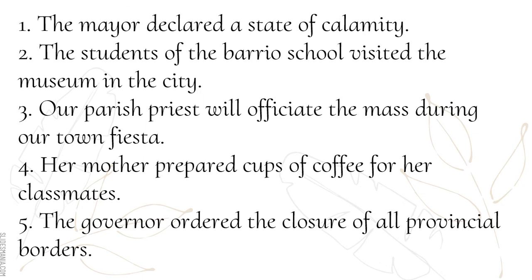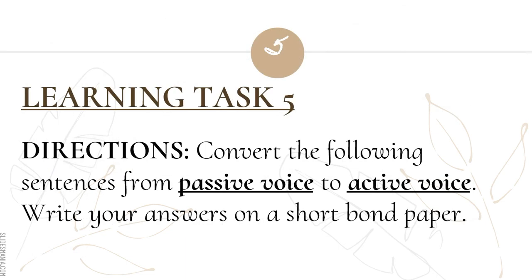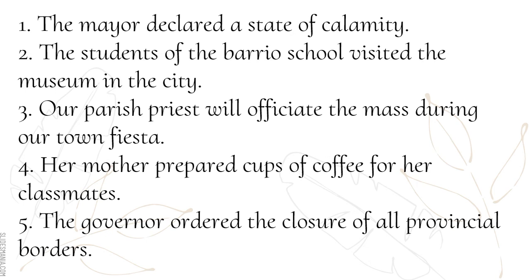Okay. So we have here items number 1 to 5. So you're going to write your answers. Answers only. Okay? So for example, we have number 1, the mayor declared a state of calamity. So these are actually in active voice.